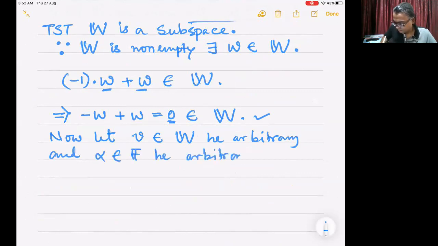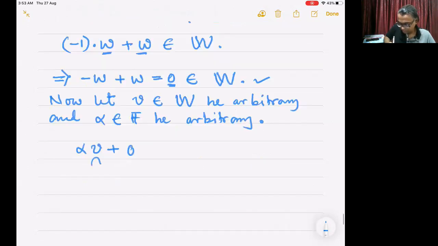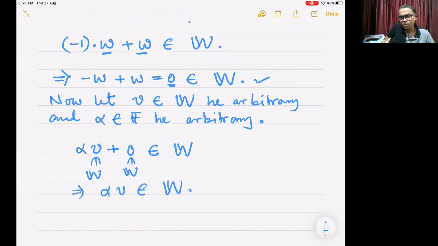So I'm taking an arbitrary vector in W and an arbitrary scalar in F. Then alpha V plus 0 is an expression of the type alpha V plus W. Because this is there in W and we have already checked that 0 is also in W. So from our assumption, this must be there in W, which tells me that alpha V must also be there in W. Pretty easy, no?